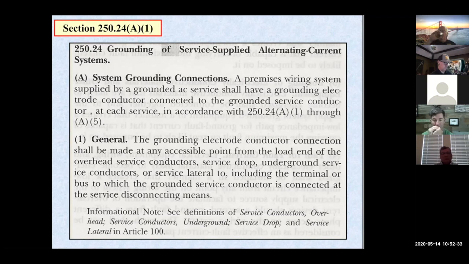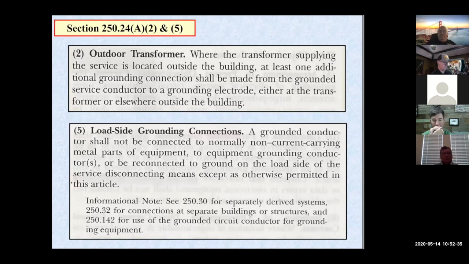On the load side, I hope we'll have it. Yeah, look at number 5. Load side, a grounded conductor shall not be connected to normally non-current carrying metal parts of equipment, to equipment grounding conductors, or to be reconnected to ground on the load side of the service disconnecting means. Folks, this is why we need 4 wires from the main panel to sub panels.